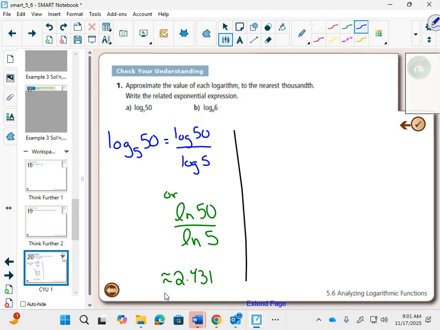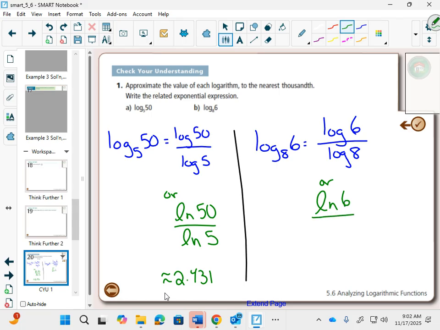Same thing with part B. Log 8 of 6. I could write this as log 6 divided by log 8, or natural log of 6 divided by natural log of 8. These are the two that we would use to change your base because those buttons are easy to find on your calculator.